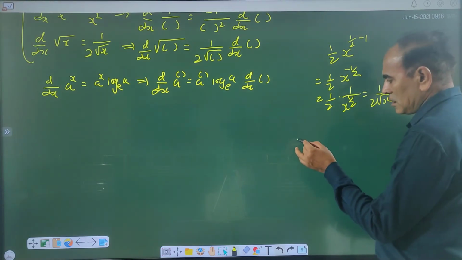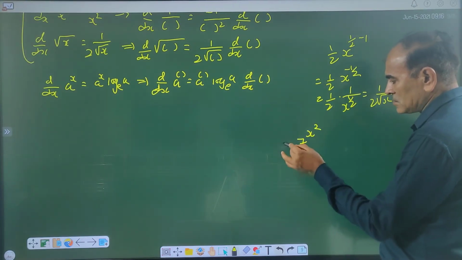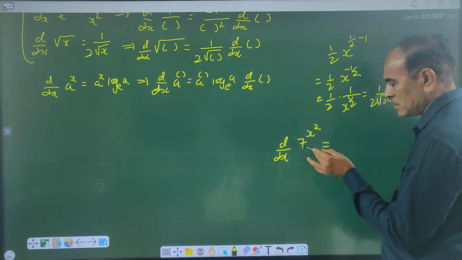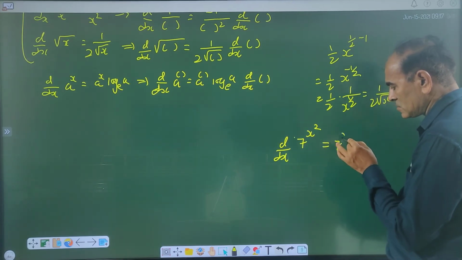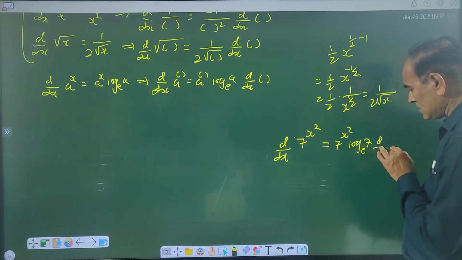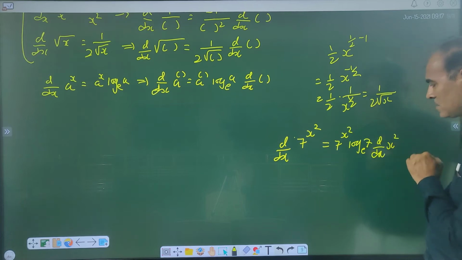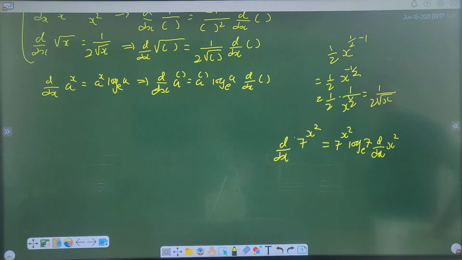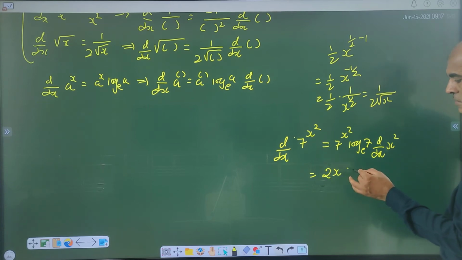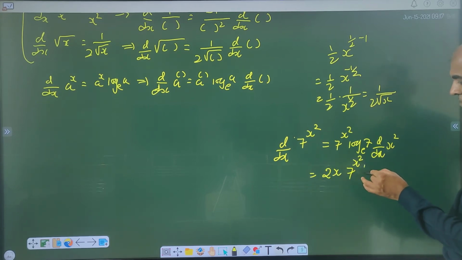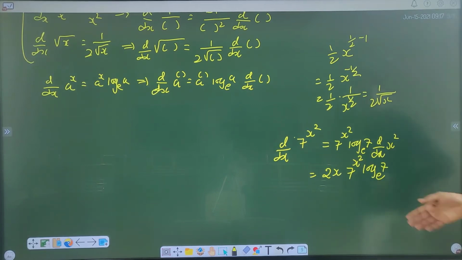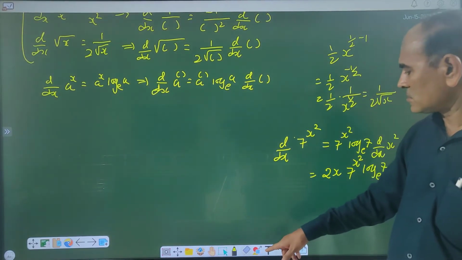Suppose we wish to find the derivative of 7 raised to x square. d by dx of 7 raised to x square: a raised to some function, log a, into d by dx of some function. What is the derivative of x square? 2x. So 7 raised to x square, log 7, into 2x. In this way we can find the derivatives. Yes or no?